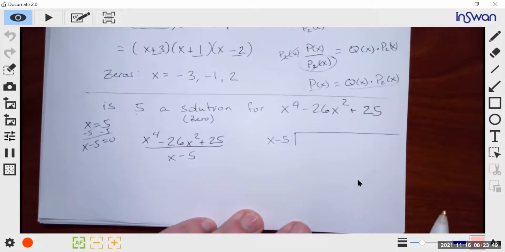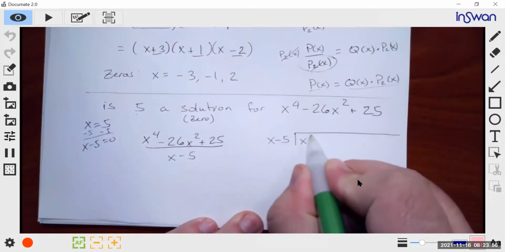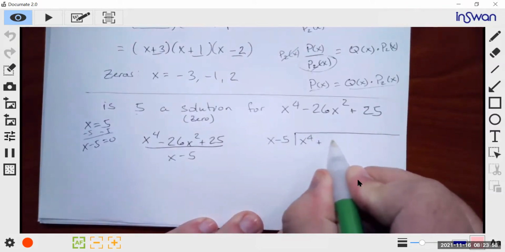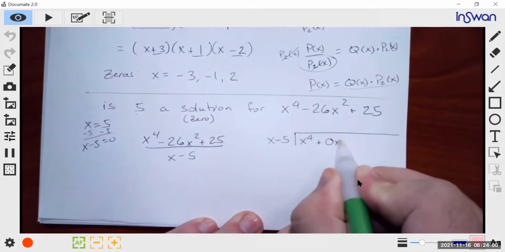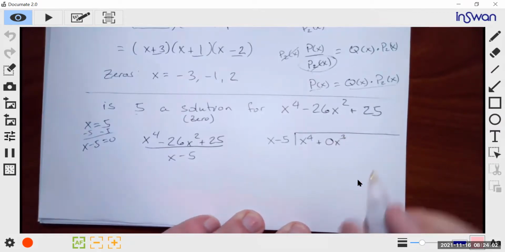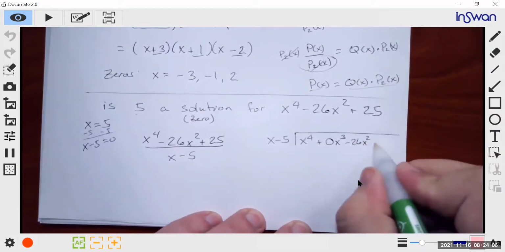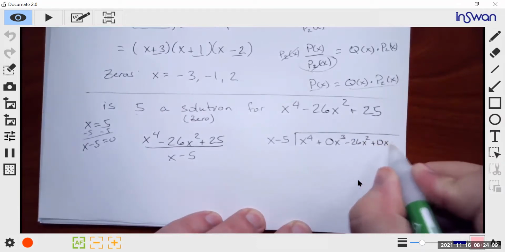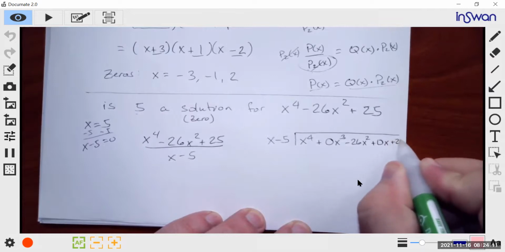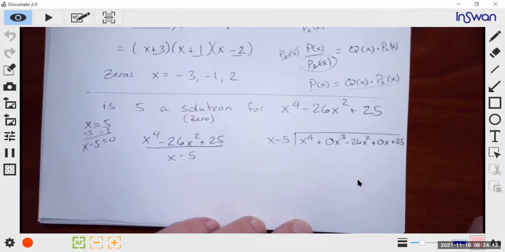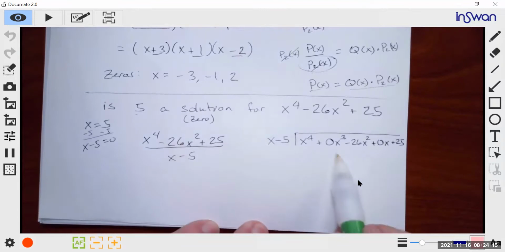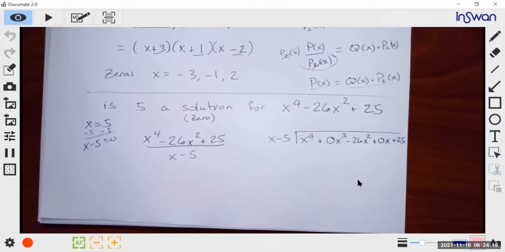Okay, now you have to be very careful. What goes inside the dividing thing? X to the 4th, 0 x cubed, minus 26x squared, plus 0x plus 25. We're missing x cubed and x, so we have to put them in there with 0 coefficients.